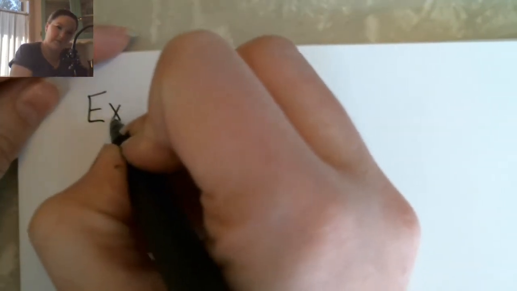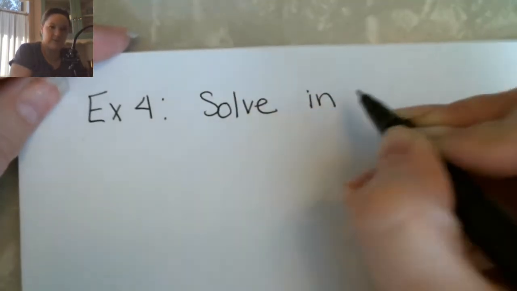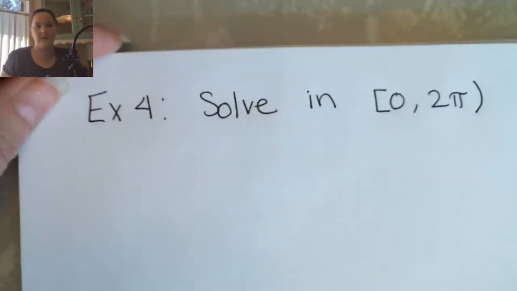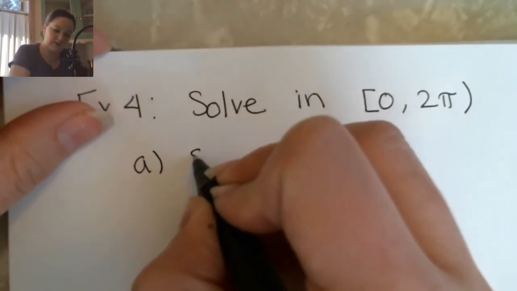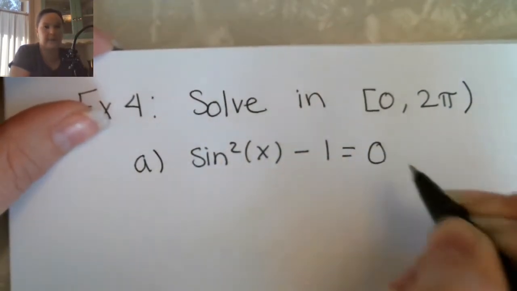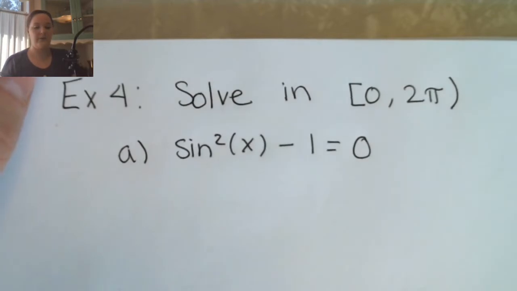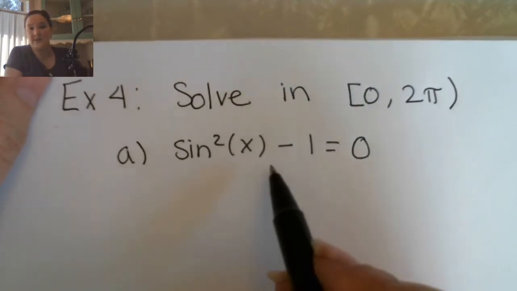So let's look at a more complicated example. For this one, we're only looking for solutions in 0 to 2 pi. And let's look at our equation. Before we jump right to saying sine is equal to this, and figuring out what quadrant we're in, we need to actually get sine of x equal to a number.